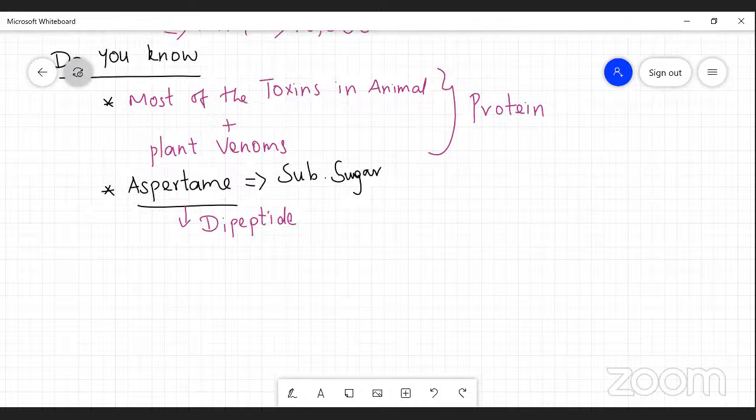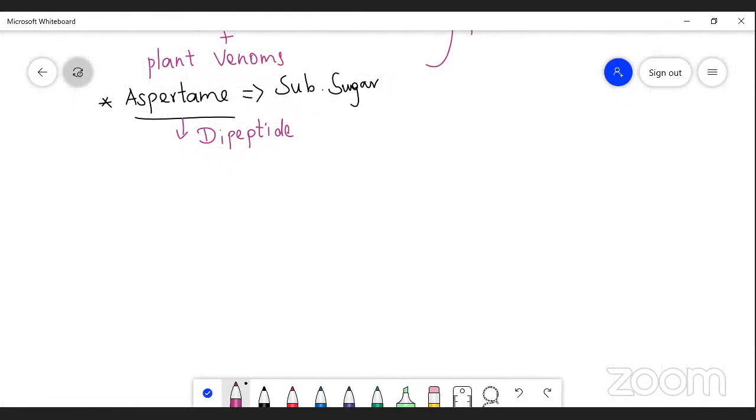Listen. The structure of aspartame: NH2, where two amino acids are joined together.